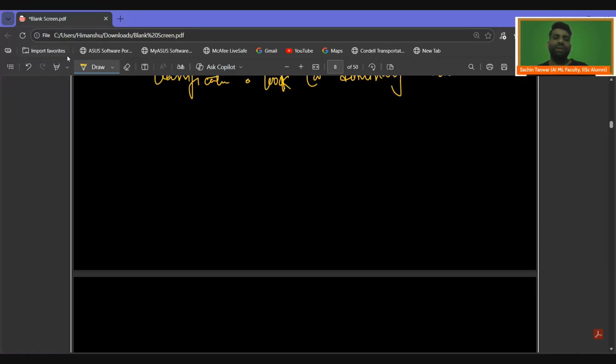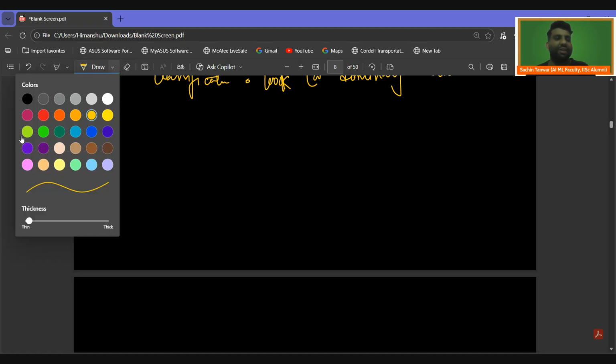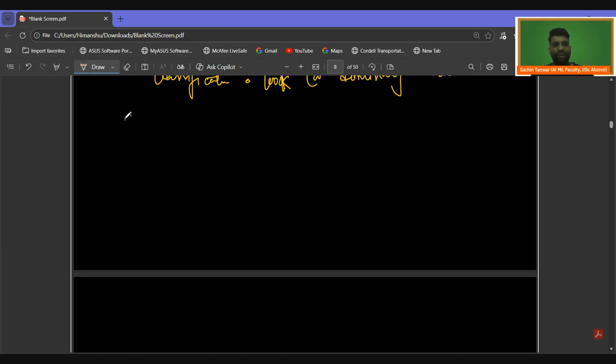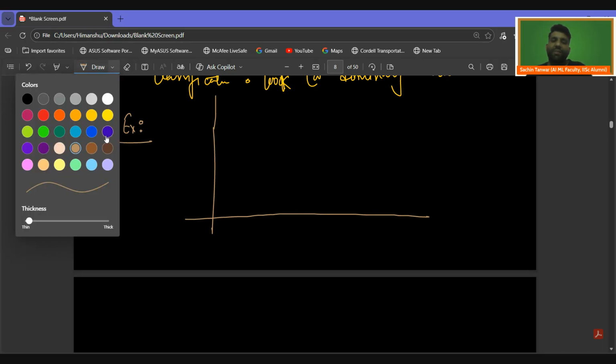So let's just frame an example, and then we are nearly done with nearest neighbor. Let's suppose it's a binary classification problem I'm talking about. So there will be two classes. So let me just mark like this.